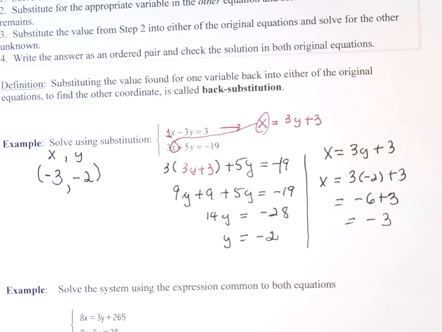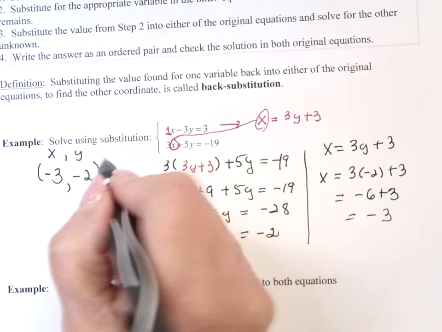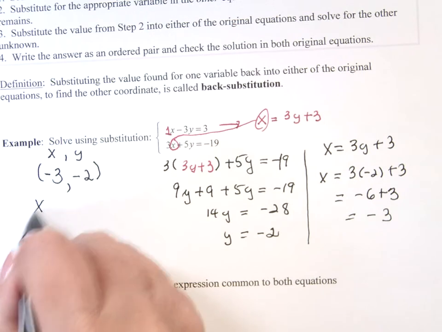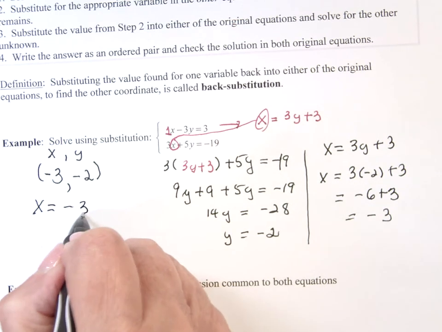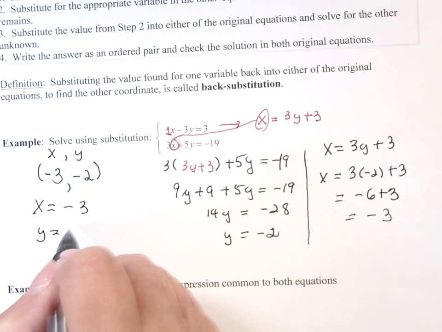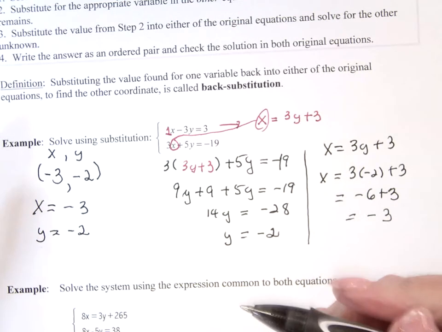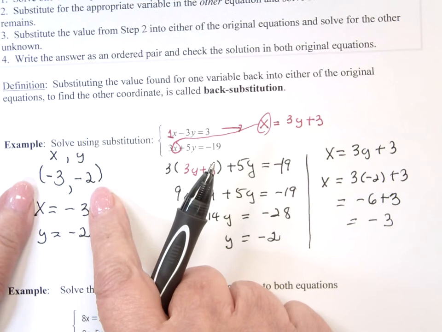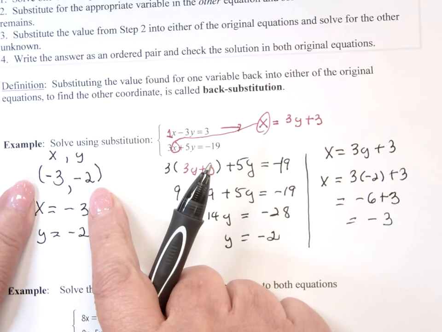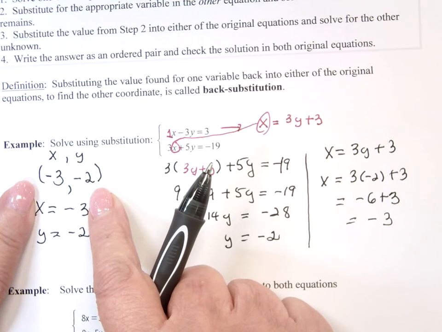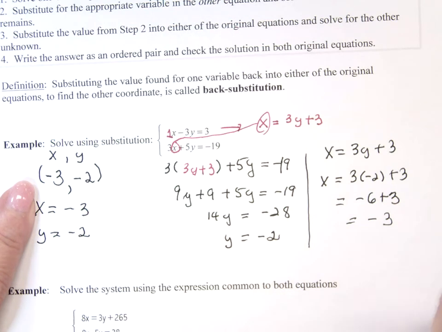So my solution is -3, -2. As a coordinate point, you could write it as x equal -3, y equal -2. I personally don't care which way you do it. Your book tends to want you to write everything in coordinate points. I think a lot of that is to try to instill the idea it is a coordinate point.